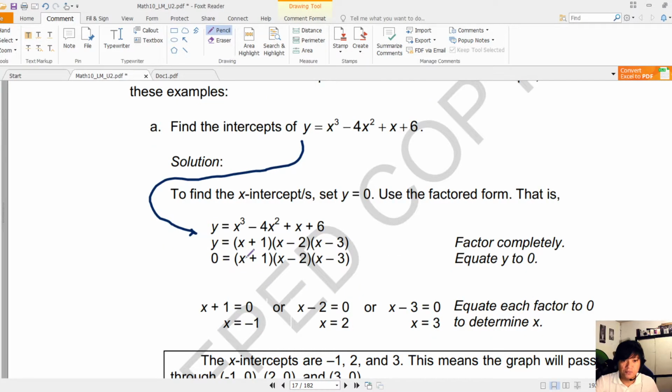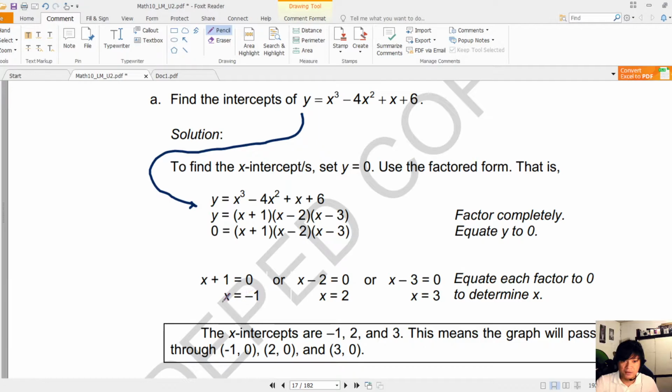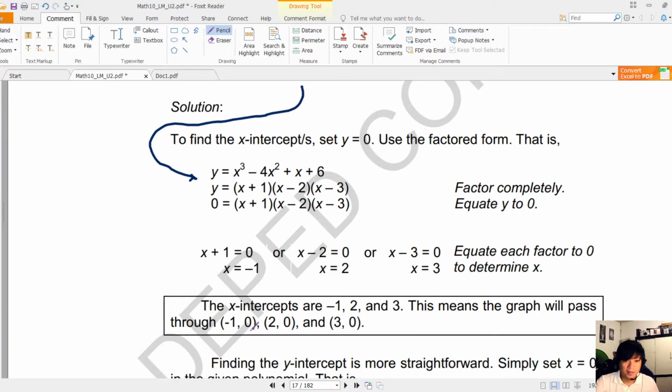So, ito na yung factored form niya, and we have the values of x. We have x is equal to negative 1, x is equal to 2, and x is equal to 3. So, thus, the x-intercepts are negative 1, 2, and 3. This means the graph will pass through. So, dadaan yung graph natin sa negative 1, 0, 2, 0, and 3, 0.